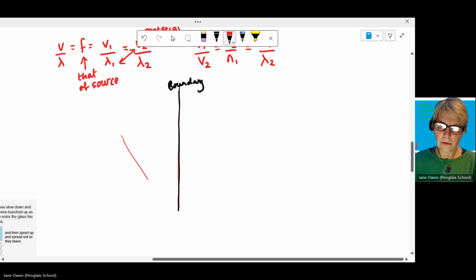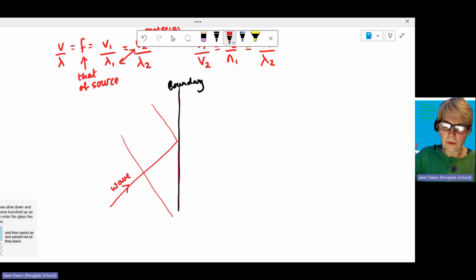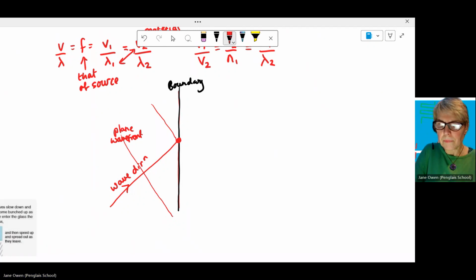It's coming in like that. This wave is at right angles to the wave direction. This is the plane wavefront, like the crest of a wave. And at that point of incidence, it starts to bend.